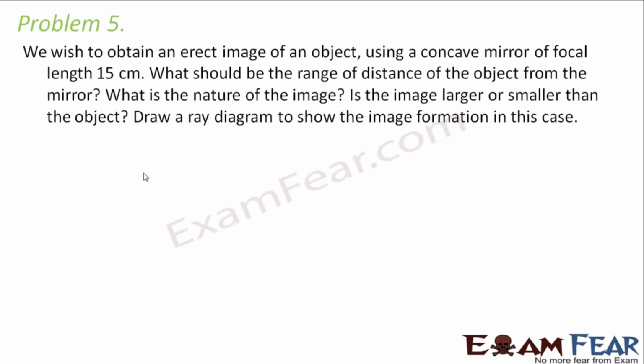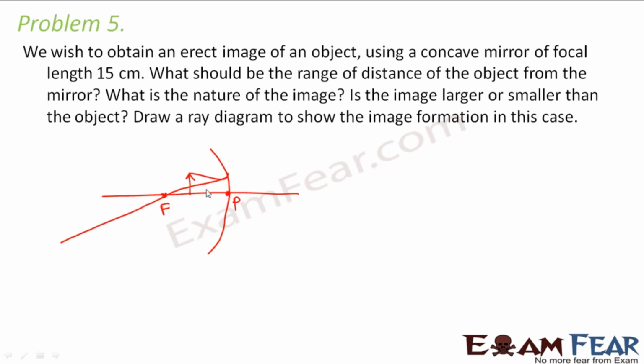But what did we see? We saw that when the object was placed very close to the concave mirror, between the pole and principal focus, if this is the pole and this is the principal focus, only then we got a virtual and erect image, because in that case something like this happened, and these two rays met at this point.